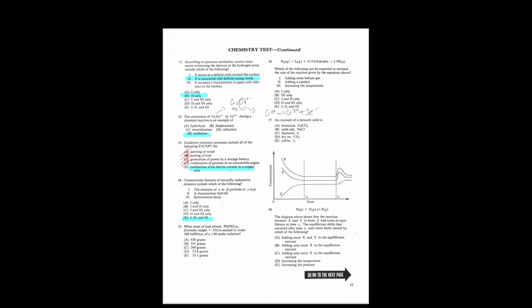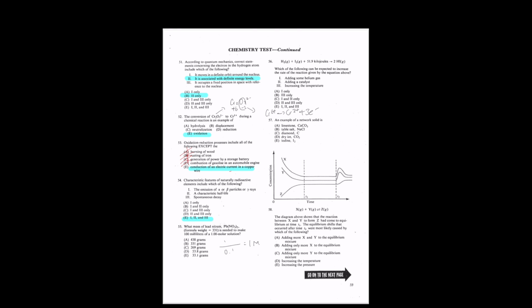55. What mass of lead nitrate, molecular mass of 331, is needed to make 100 milliliters of a 1 molar solution? Okay, so this is basically the formula for molarity.